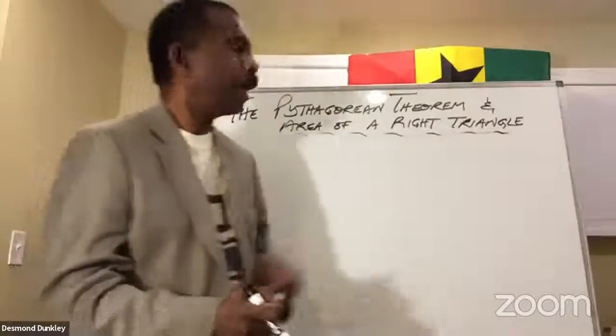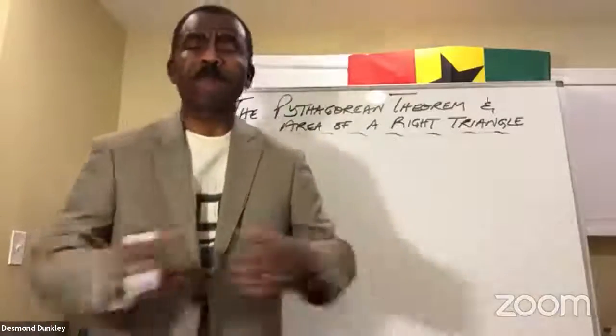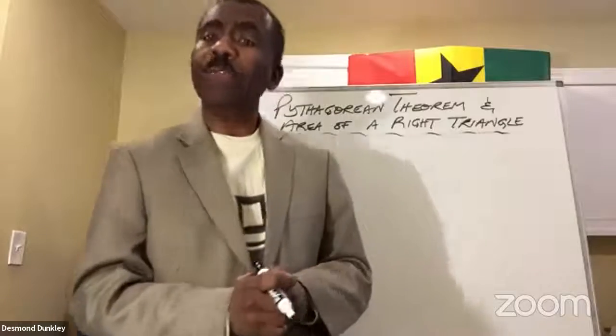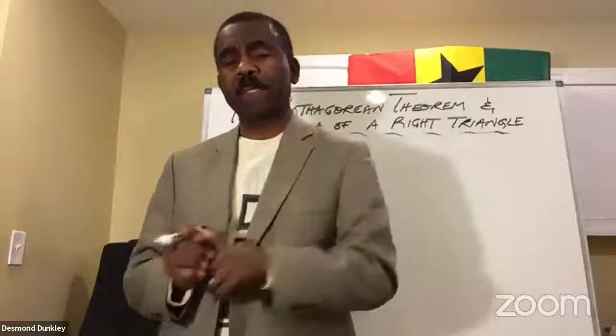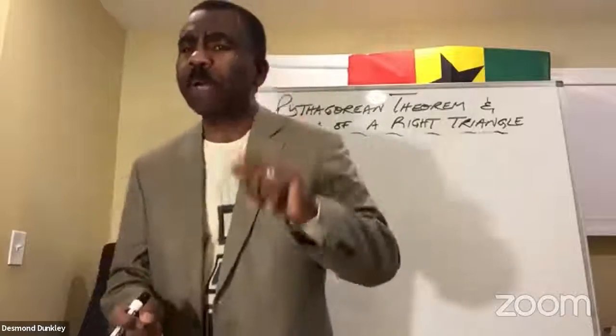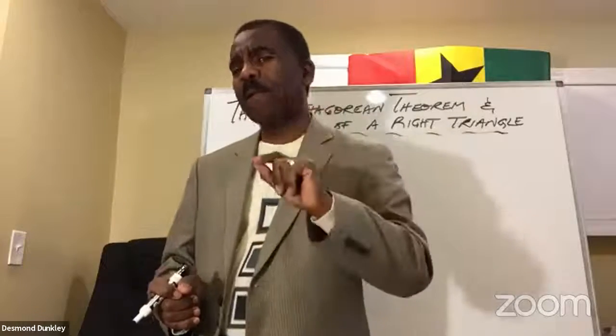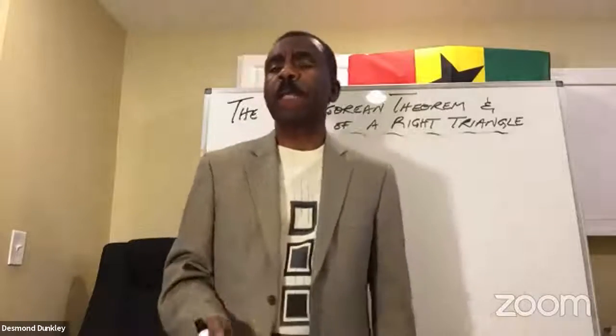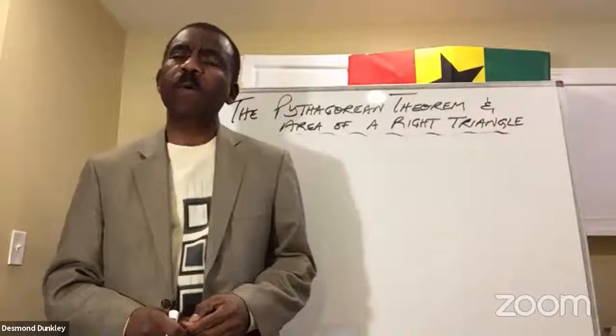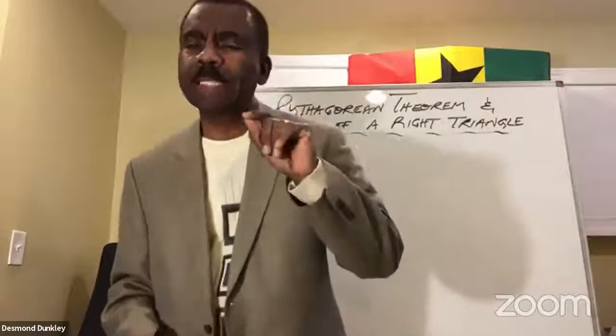So, what is a right triangle? Well, a right triangle is a triangle that has one angle that is 90 degrees. Again, for it to be a right triangle, it must have an angle that is 90 degrees. Interestingly enough, in math world, there's a way to indicate a 90-degree angle.